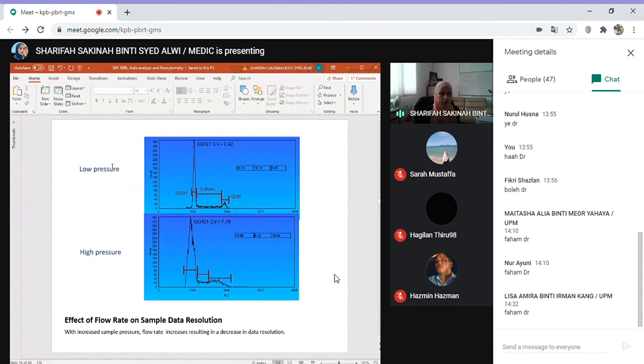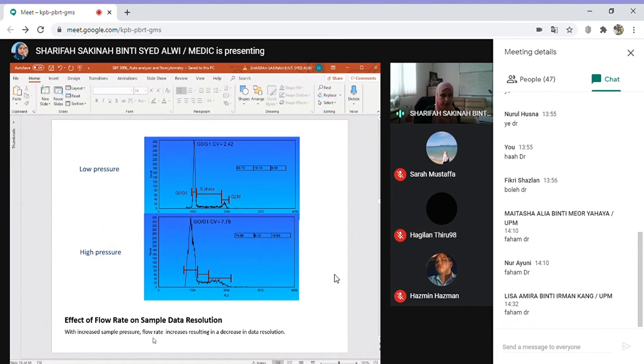So this is what happened. This is low pressure, and this is high pressure. With low pressure you get a nice, beautiful peak, meaning only one cell passes through in single file. If you widen it and put high pressure, can you see? The peak is not nice anymore.